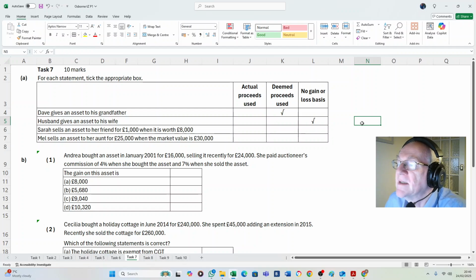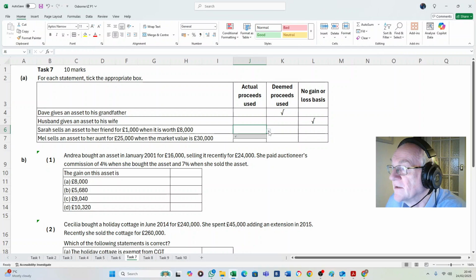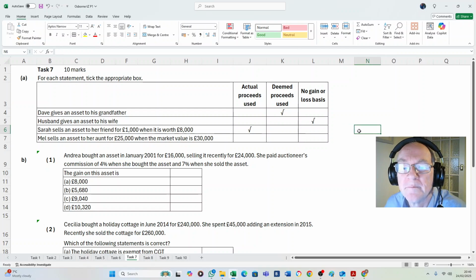Sarah sells an asset to her friend, so that's unconnected. Taxman can't do anything about that. Actual proceeds used: she got £1,000 for it. It's only worth that amount of money if somebody pays £8,000 for it.